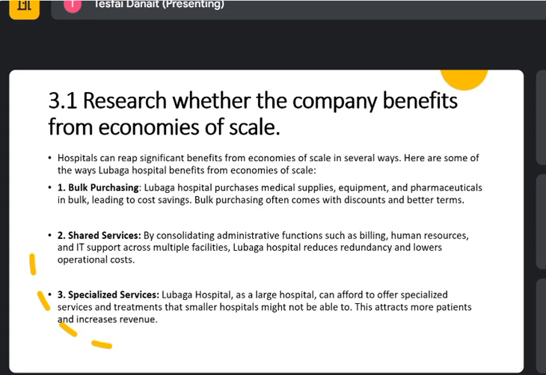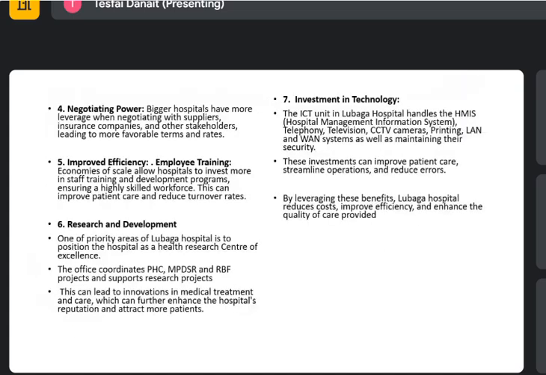and safe service to its patients or customers. And it also works on research and development. One of the priority areas of Lubaga Hospital is to position the hospital as a health research center of excellence. The advantage of establishing research and development in the hospital is it can lead to innovation in medical treatment and care, which can further enhance the hospital's reputation and attract more patients.